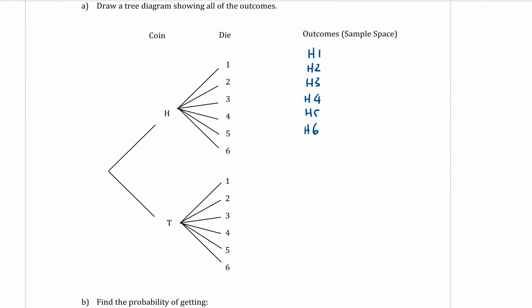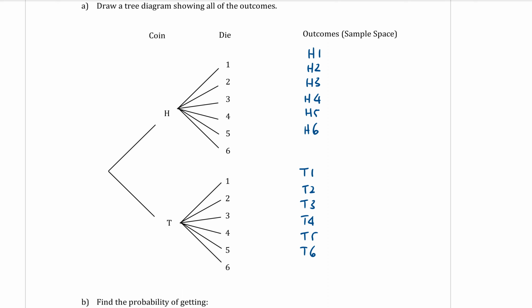Then let's do the same thing for all the tails. It'll be tail 1, tail 2, tail 3, tail 4, tail 5, and tail 6. So there are 12 outcomes that are possible when you flip a coin and roll a dice.